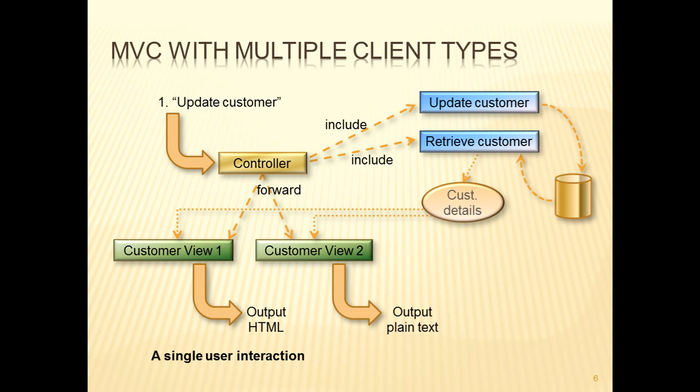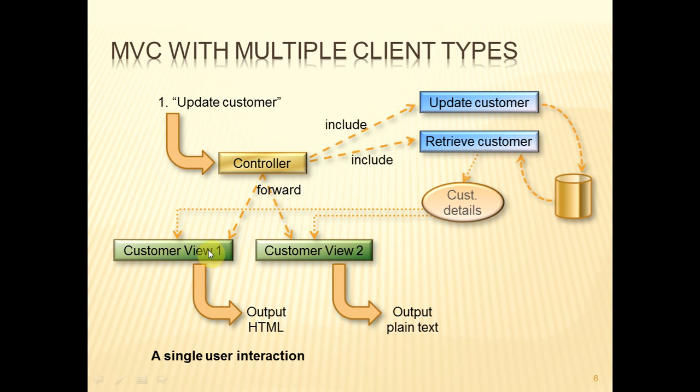Well, the client will still have to issue the same command as the web client, and the controller will basically use exactly the same model components to produce exactly the same bean. The only thing that changes is if this client is expecting plain text output, not formatted as HTML, then the application is going to have to distinguish between HTML output and plain text output.